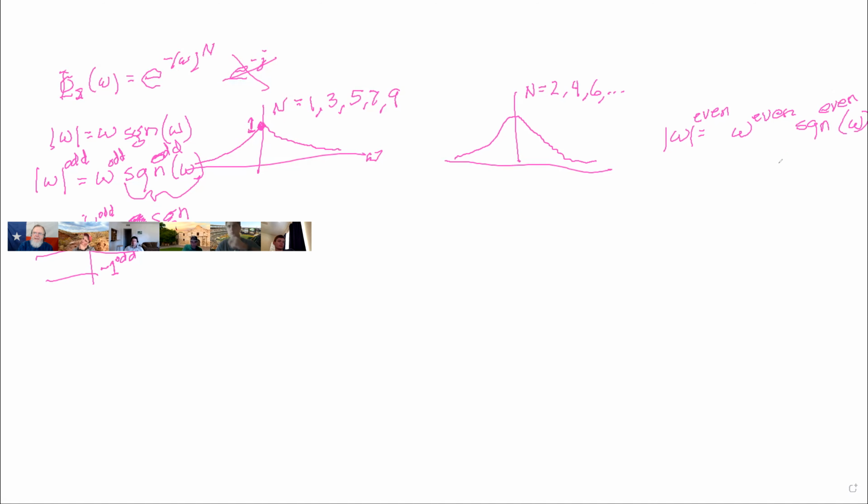Well, anytime you have plus or minus 1 raised to the even power, you're going to get 1, right? So this is always going to be equal to 1, because the sign raised to any even power is always equal to 1. So that's the reason we don't even have to worry about the sign here. We do when it's odd, we don't when it's even.